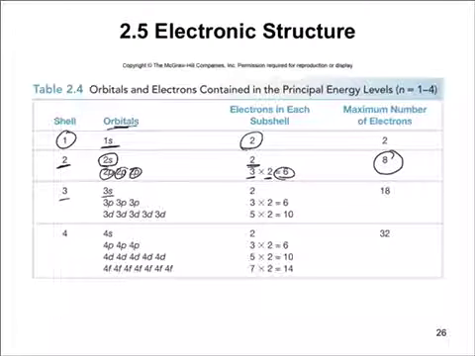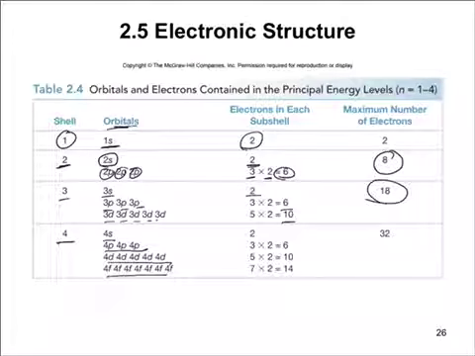Energy level 3, we start off with an s, we get 3 p's and 5 d orbitals. So 2 plus 6 plus 10 means 18 total electrons. That matches up with what we had before, where we were seeing the total number of electrons per shell. 4, we have the 4s, 3 4p's, 5 4d's, and 7 4f's, for a total of 32 electrons.